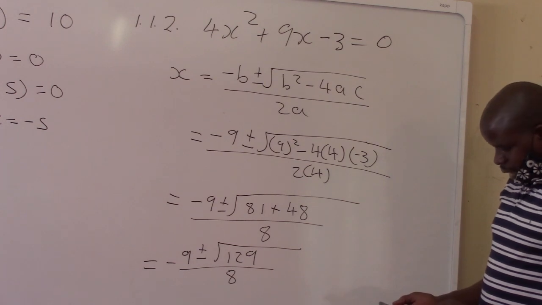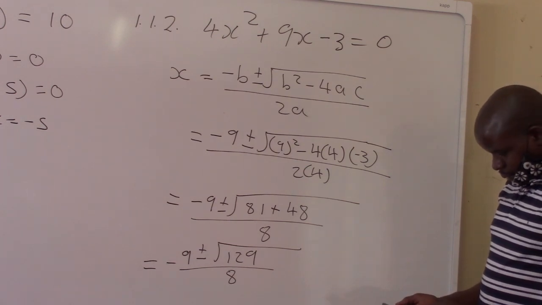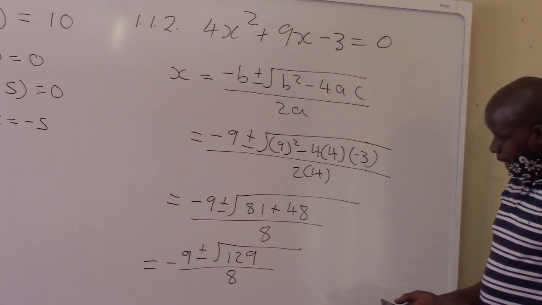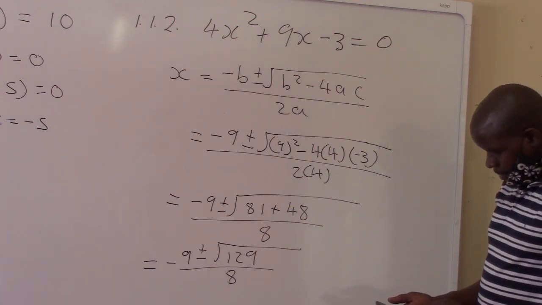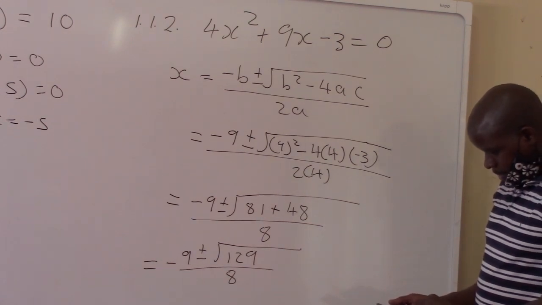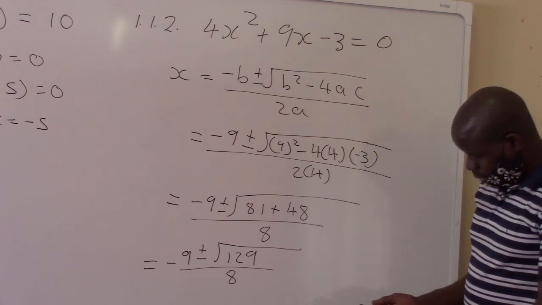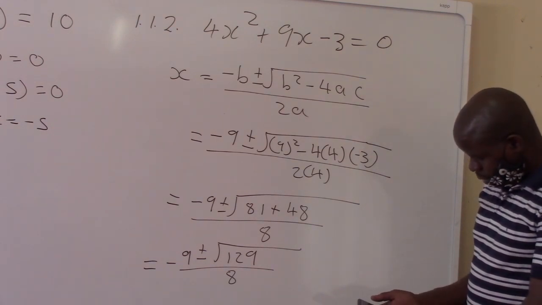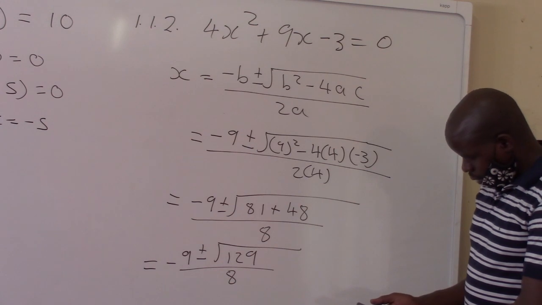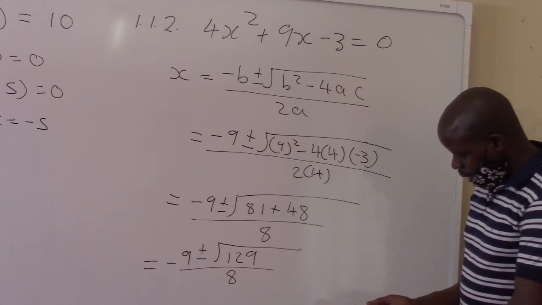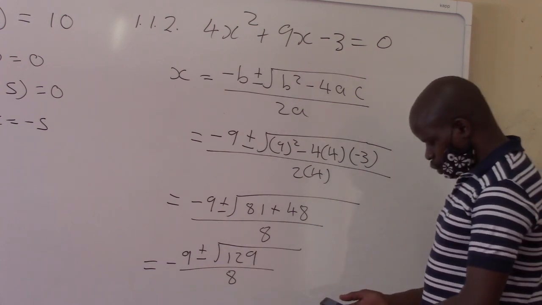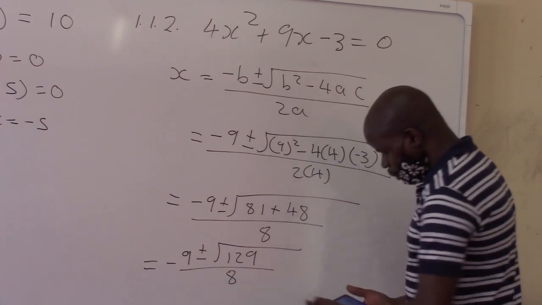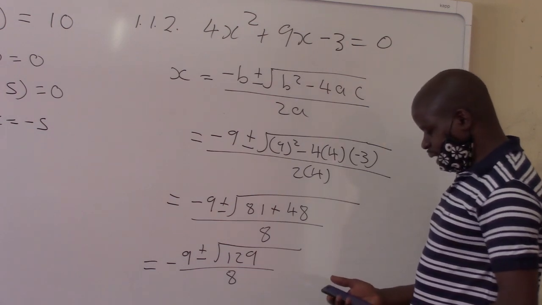We'll have negative 9, and the square root of 129 is 11,374. So we will round it off to 11,36.